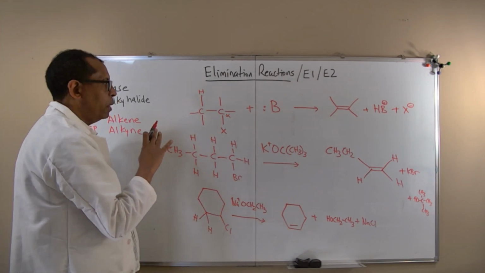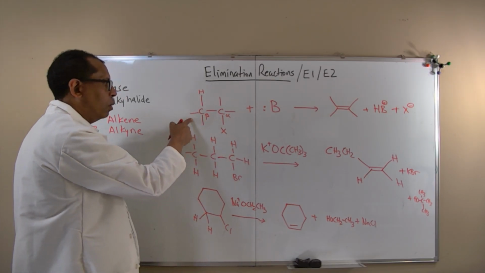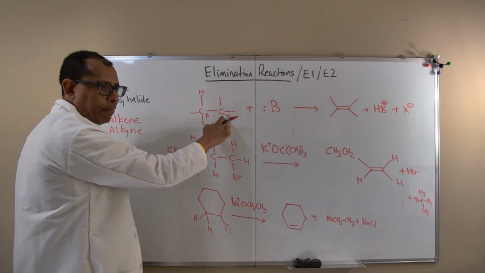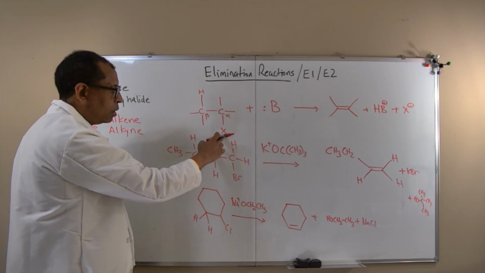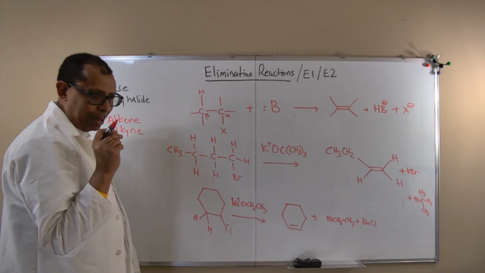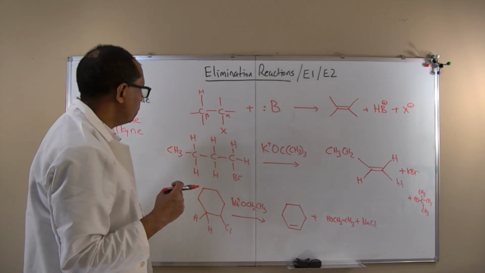You always need a beta hydrogen for that reaction to work. So that's called the beta carbon. Alpha contains the leaving group, and beta always contains at least one hydrogen for elimination to happen.